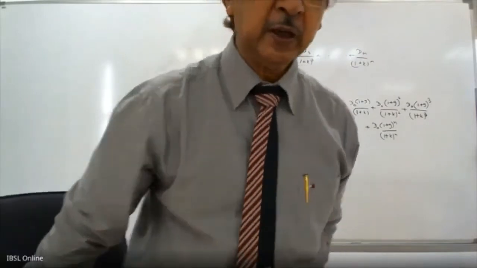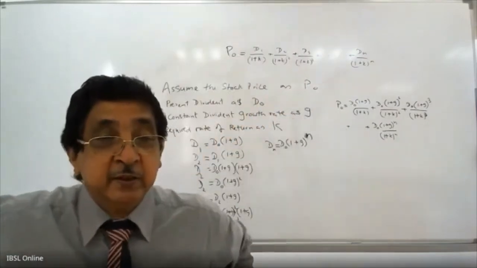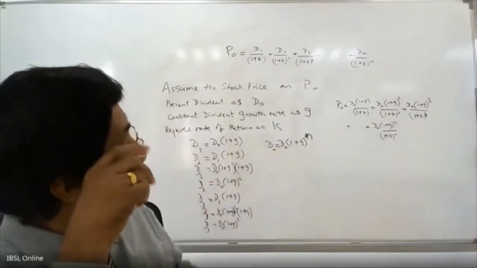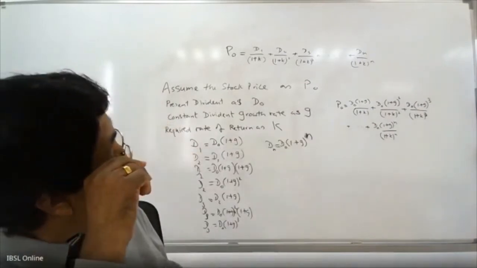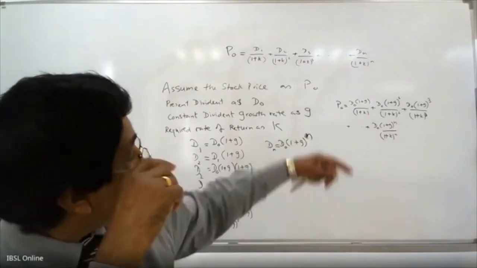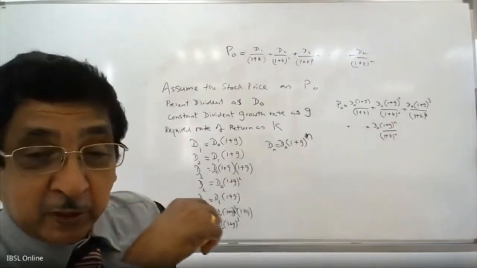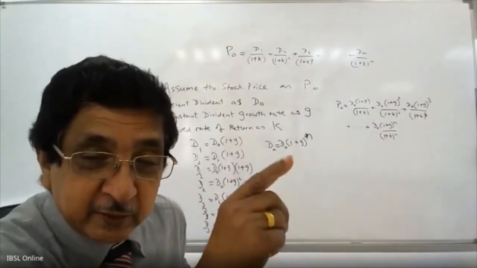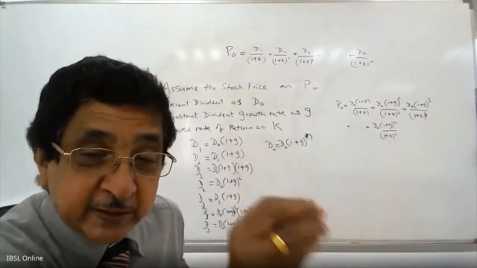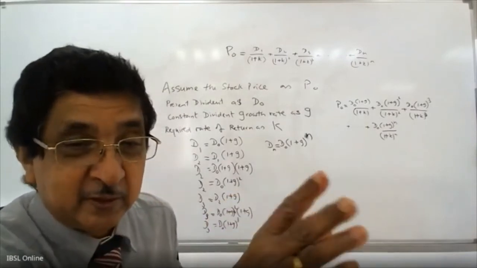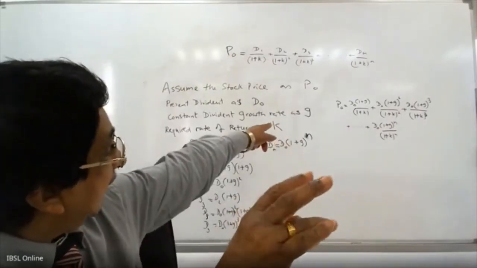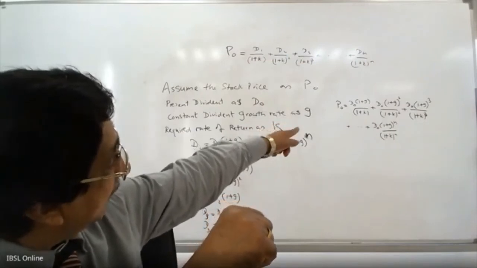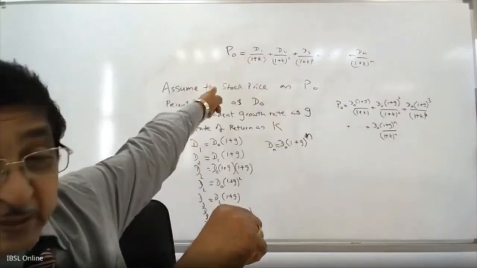Yes. Now, you can see the left side of the board, right side of the board, there you see P0. I have just replaced D1, D2, D3, Dn with D0 terms. Now you look at that relationship. P0 is equal to D0 into 1 plus G divided by 1 plus K. I have just replaced D1.